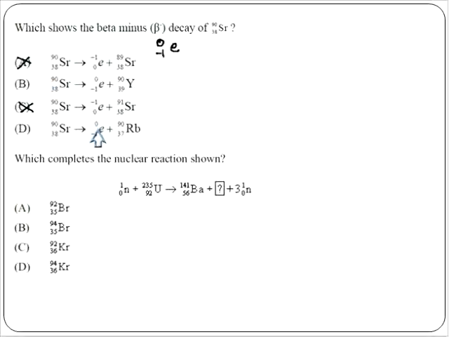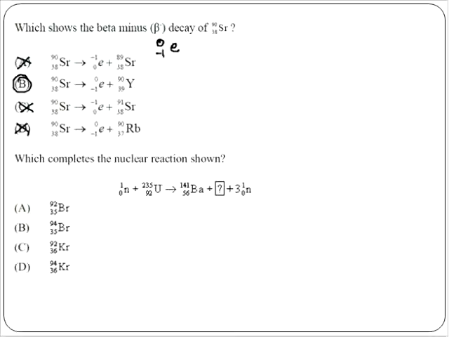This one down here, 0 plus 90 is 90. That one works too. But if we look at this one down here, the bottom numbers have to add up to 38. So look over here, -1 plus 37, that would equal 36, not 38. So because the numbers don't add up, that equation is wrong. There's only one left. -1 plus 39 does equal 38. So that one is good.